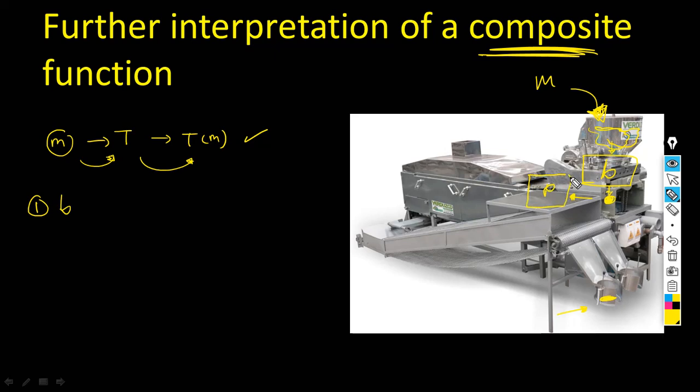That's its only function, taking a ball of mass and producing a flat tortilla. So it's another function, function P, press, because it's going to press the ball into a flat disk.